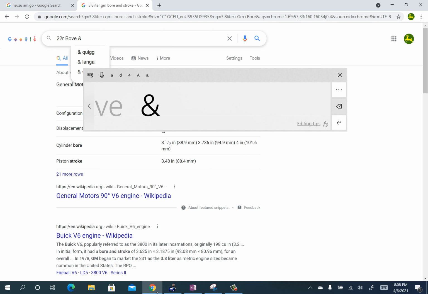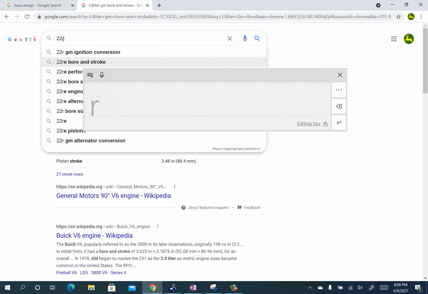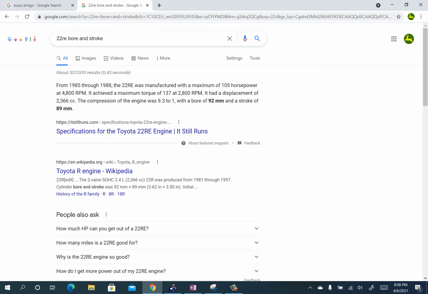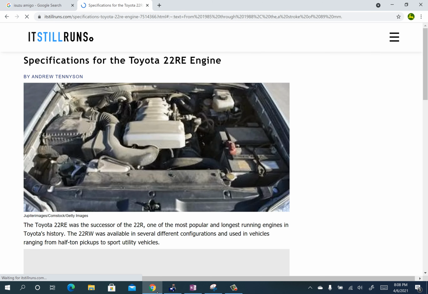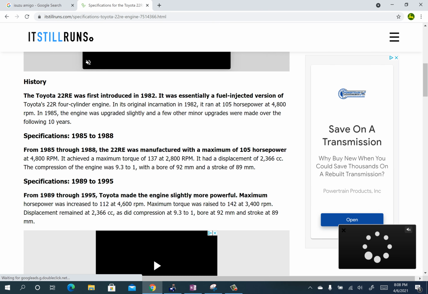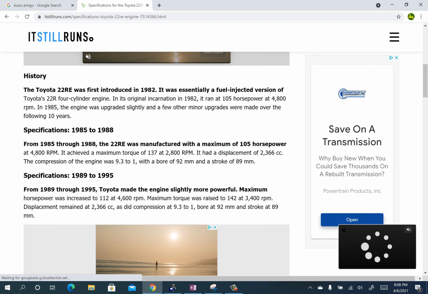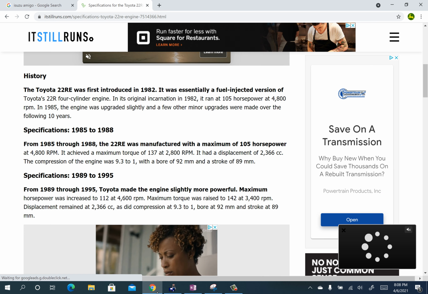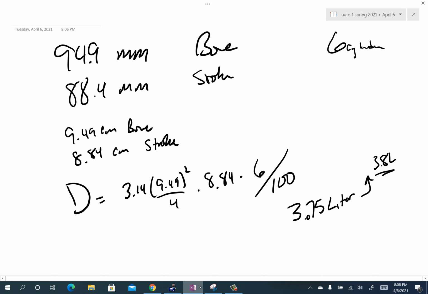Oh, shoot. Darn it. Rats. Bore and stroke. Little Toyota engine, that's a good time. All right. Yeah. Hot diggity, friend. Look at that. The bore is 92. The stroke is 89.